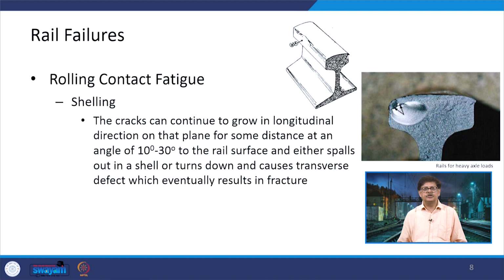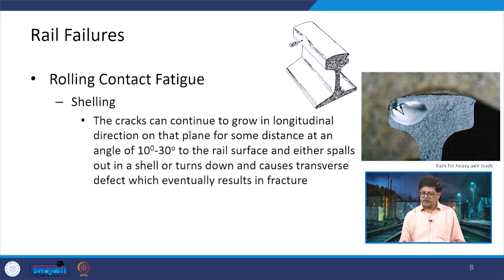The cracks can continue to grow in the longitudinal direction on that plane for some distance at an angle of 10 to 30 degrees to the rail surface, and either spall out in a shell or turn down and cause transverse defects which eventually result in a fracture.